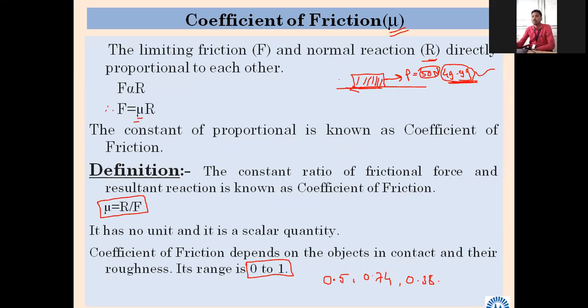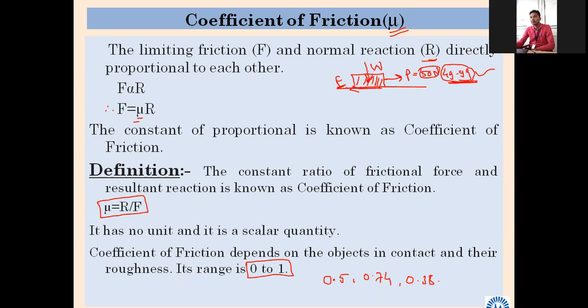So here a frictional force will occur, which we are going to denote by F. Here also it is a frictional force. On the other hand, when it reaches limiting friction, the body was not in motion, and the body has some weight, suppose W, the body's weight.